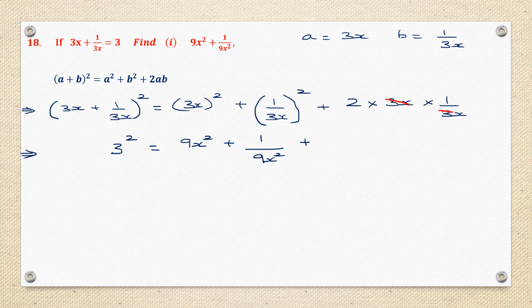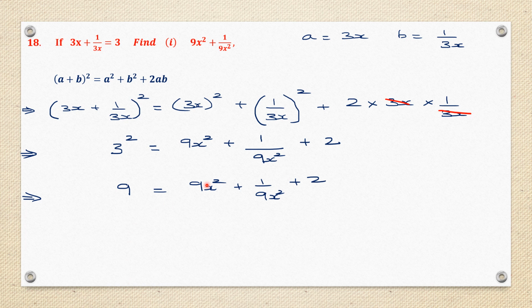So what is left is 2 into 1, which is 2. So here what do we have? 3 square, 3 3s are 9, is equal to 9x square plus 1 by 9x square plus 2.